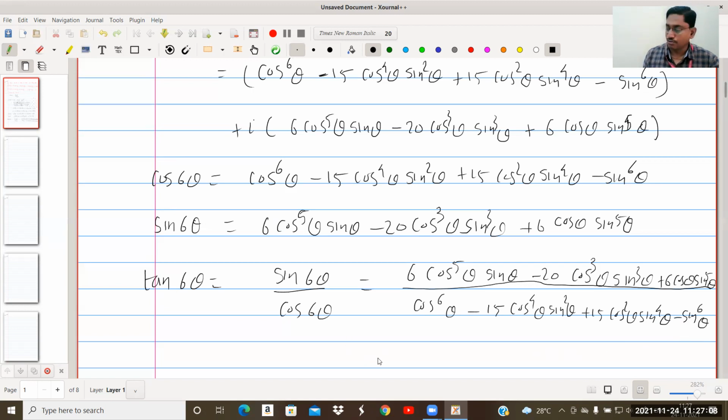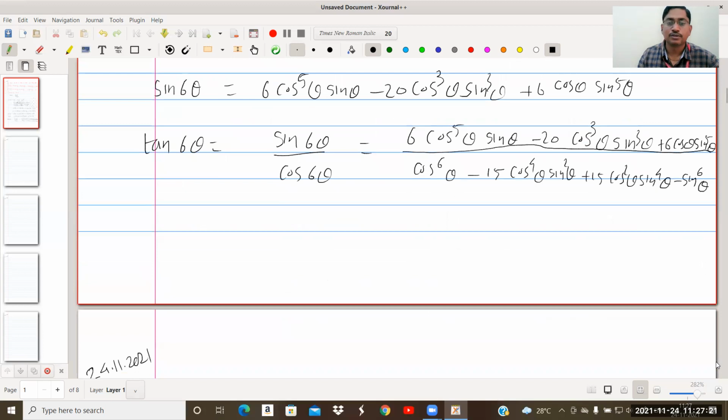Okay. So in the expression, the highest power of cos is 6. So divide numerator and denominator by cos^6 θ, since your n is 6, that's why. So the numerator is 6 cos^5 θ sin θ minus 20 cos^3 θ sin^3 θ plus 6 cos θ sin^5 θ, divided by cos^6.